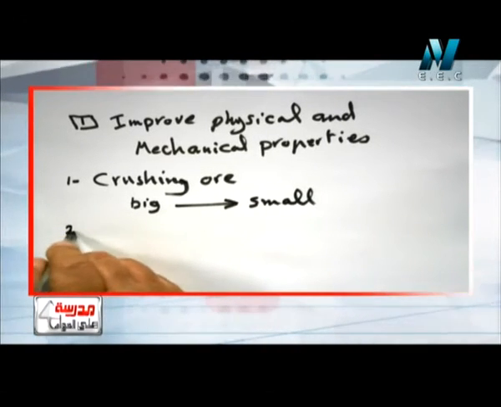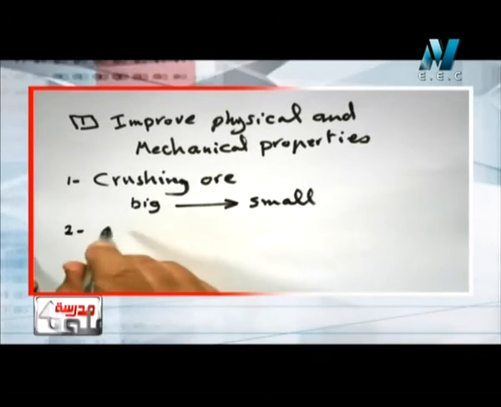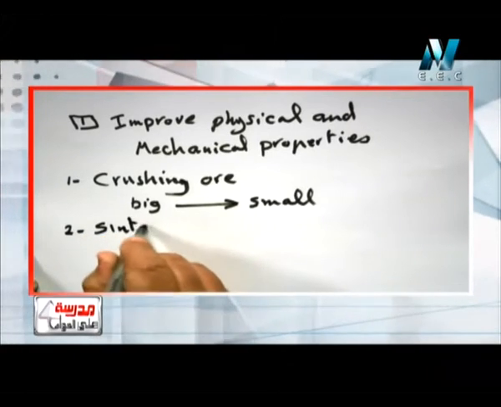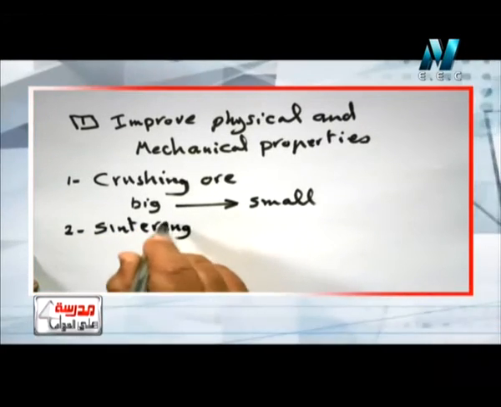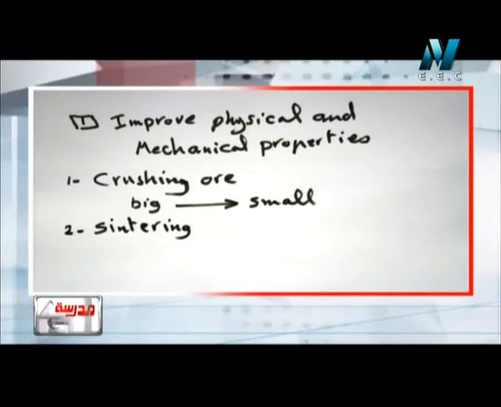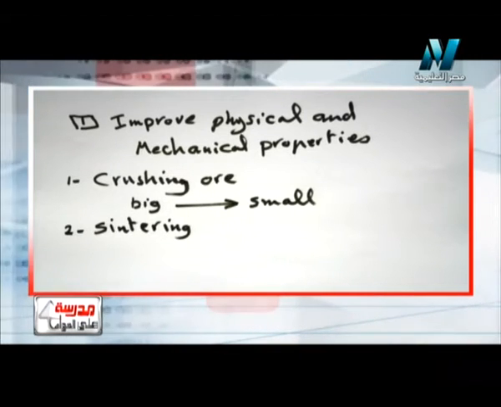Number 2, sintering. Sintering is to convert powder, very fine particles, ash that comes from the furnaces of the iron. These are treated and collected together to be big, homogeneous and similar particles in order to be in a suitable form for the furnaces.